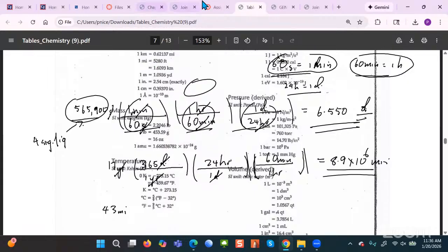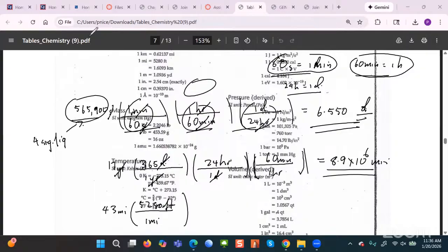So I'm going to multiply this by 1 mile down here and 5,280 feet above.